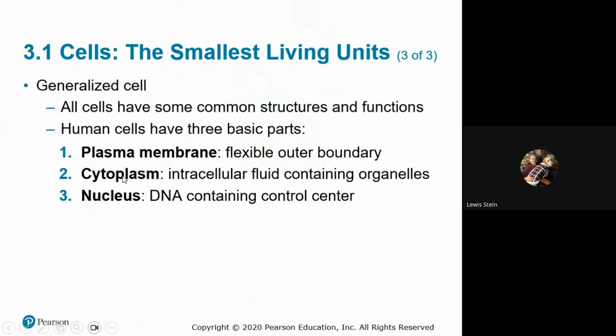The cytoplasm has the organelles, and it's a very interesting area because it has different chemicals. It's acidic and basic. It has a variety of salts going around, and inherently it's a relatively hostile environment. There are so many chemical reactions going on that it can cause things like proteins and polypeptides to become unstable.